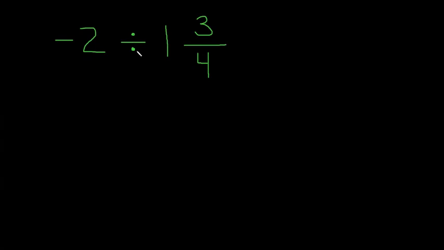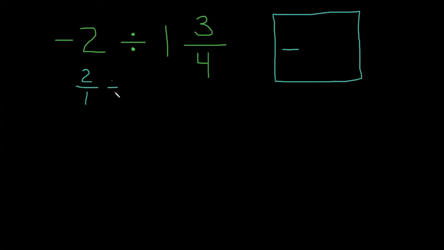Oh, we got a negative divided by a positive, so my answer is going to be a negative. So I'm going to make my answer box so I don't forget that negative. Okay. I'm going to convert this to a fraction, divided by 1 times 4 is 4 plus 3 is 7. Keep the same denominator. Now we're going to keep, change, and flip it.